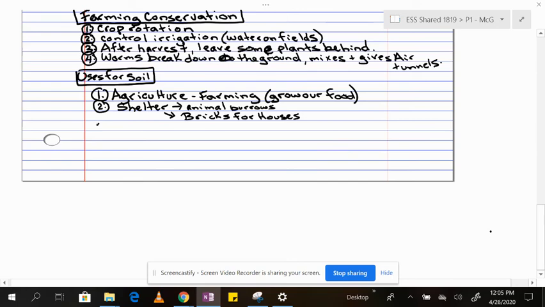The other thing that we learned about is we can use it for dishware, dishes, pottery. Clay soil is very good because it's got super small particles. It's sticky, it holds its shape, and when it dries it's very hard. And so it's wonderful for dishware.